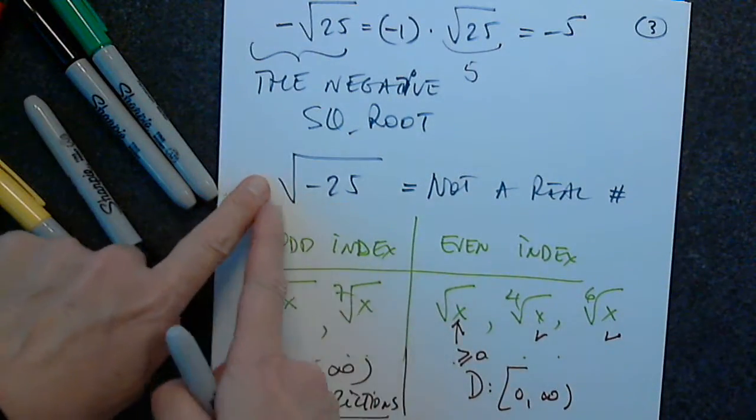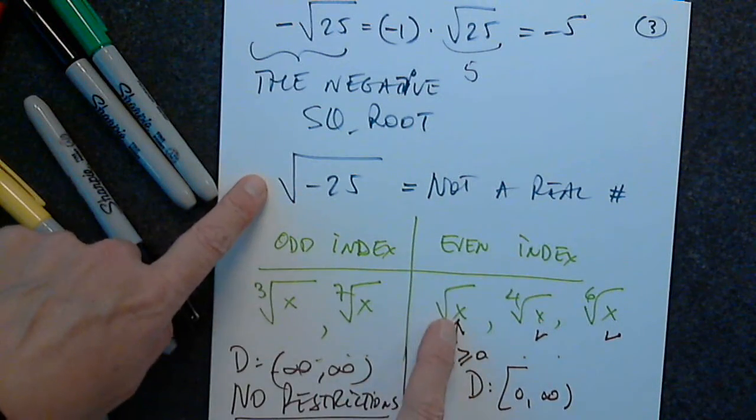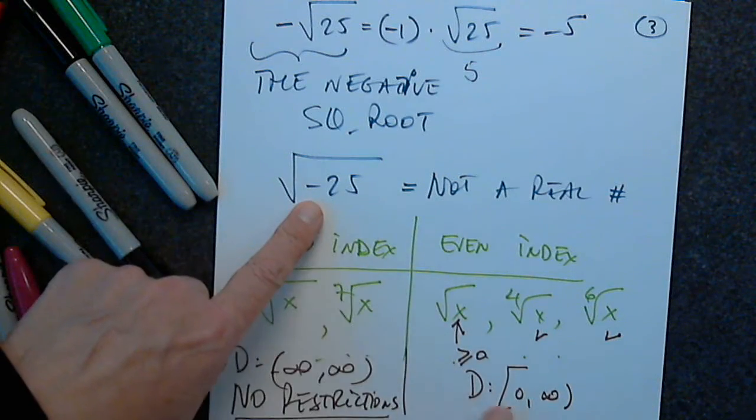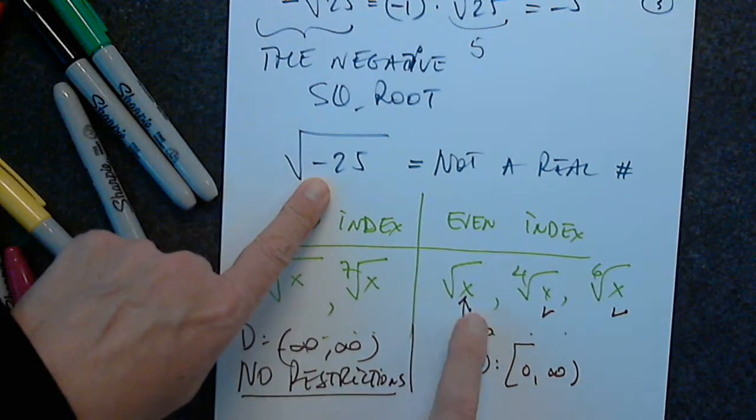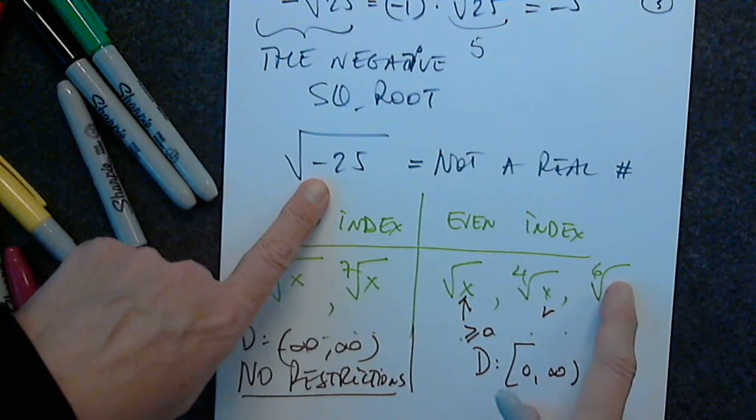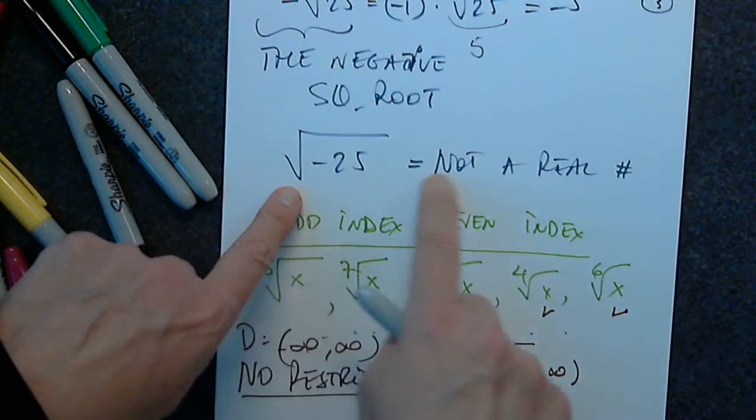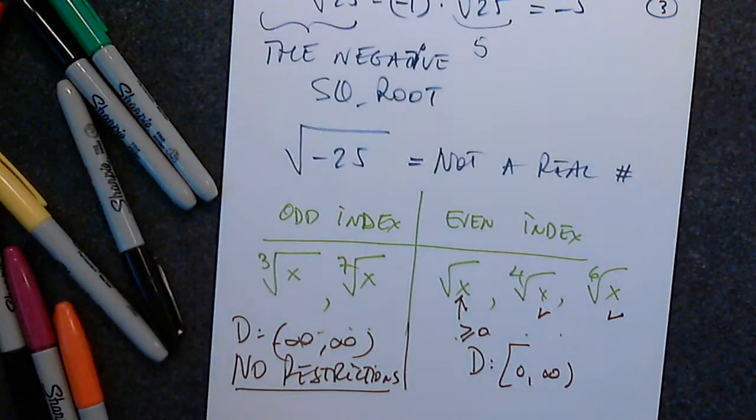So here I see an even index, it's a square root, and I see a negative number, which is not allowed under the square root or the 4th root or the 6th root, etc. So that's why I will say this is not a real number. It's an imaginary number.